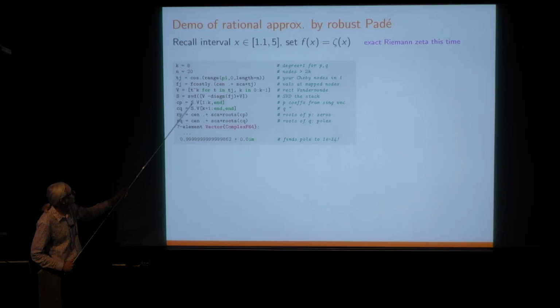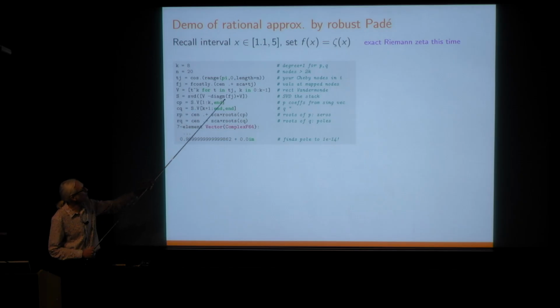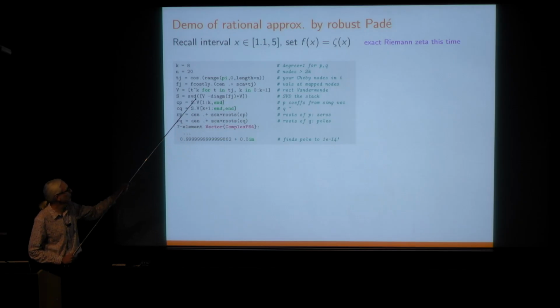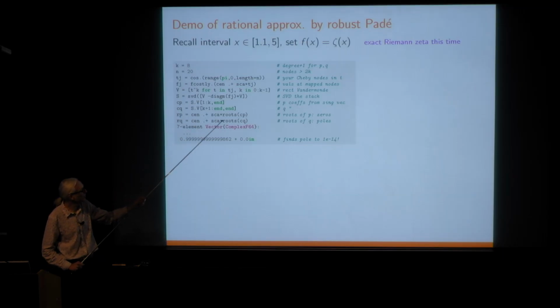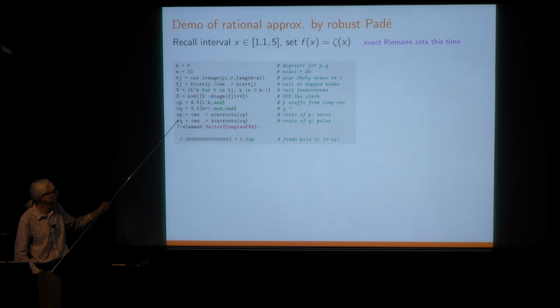Set up the Vandermonde, stack the Vandermonde with minus the data. That's your stacked matrix. Take the SVD, extract from the last singular vector the coefficients of p and the coefficients of q, and now rescale them, shift and scale back to the physical plane, x plane, and then print out some of the answers.